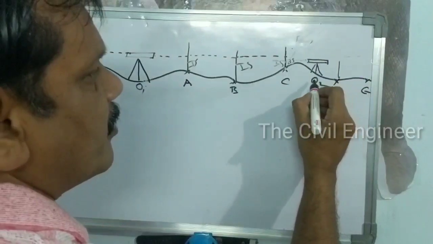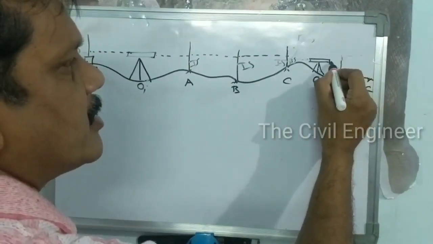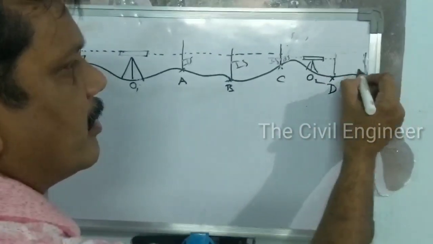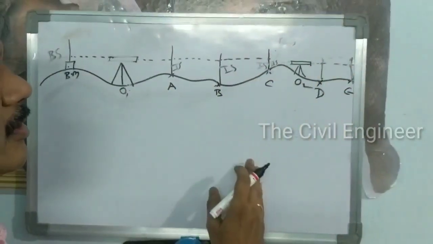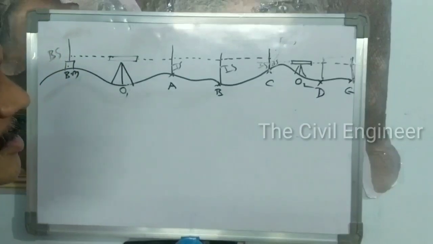Now from the instrument at O2, we can take staff readings at D, at E, etc. The same manner will be continued till the end point is reached.